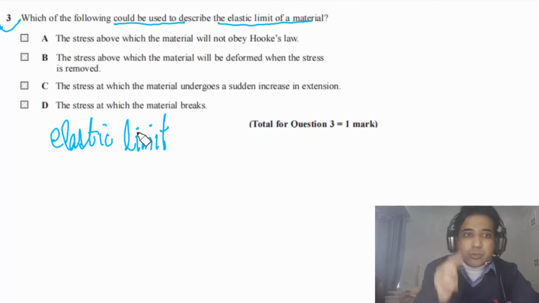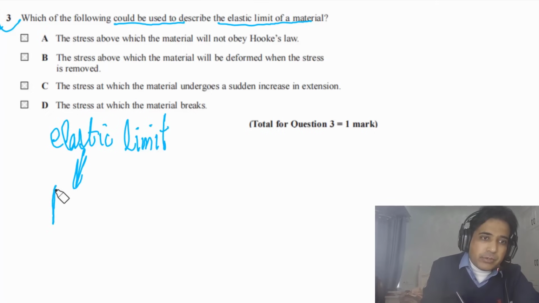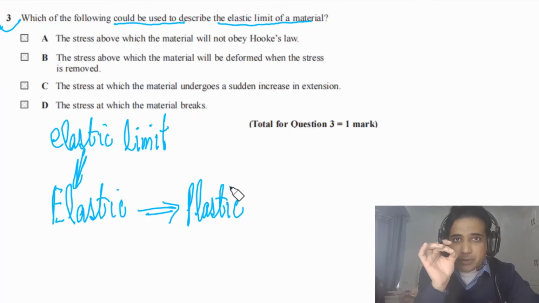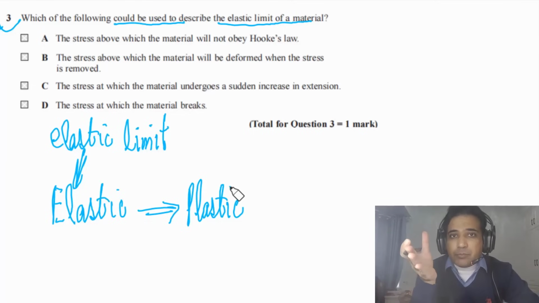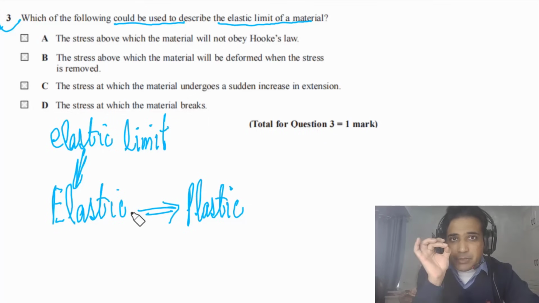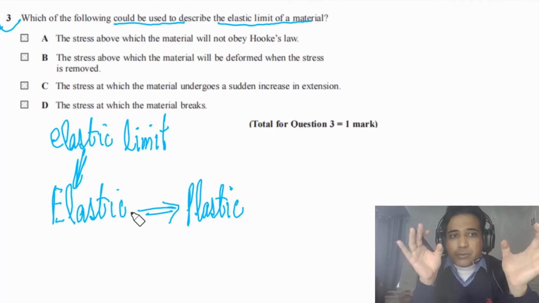It tells us the value of the stress until which the material behaves elastically, and after that the material starts behaving plastically. At the elastic limit, if we remove the stress, the material will come back to its original shape and size. That limit we call the elastic limit.